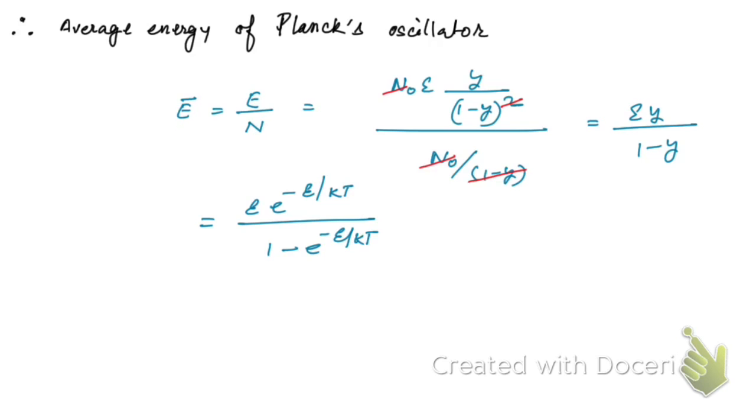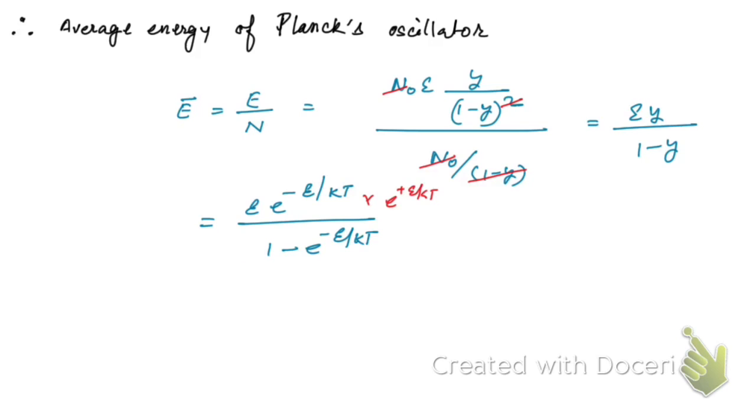Now here, if we multiply both the numerator and denominator by e to the power plus epsilon by kT, here as well as here, then this expression will be of this form. Let me show you.